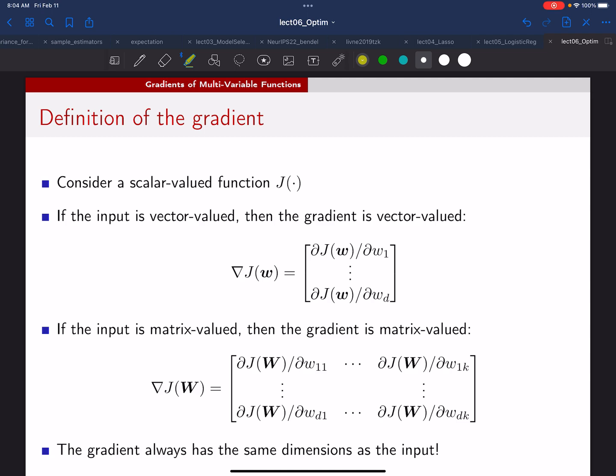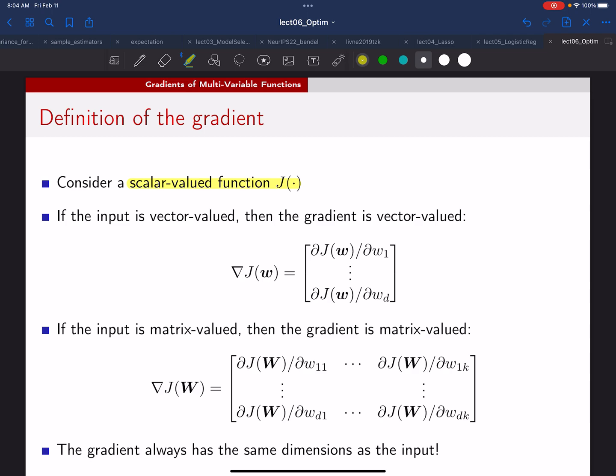We're always going to focus on a scalar valued function that we're trying to optimize. We're never going to try to optimize something with multiple costs. So it's a single scalar valued cost. However, there might be many parameters. If the parameters we're trying to optimize over are in a vector, then we have a vector valued gradient.